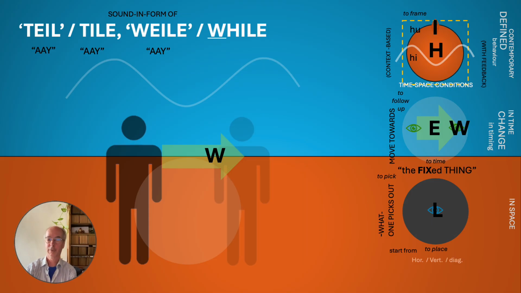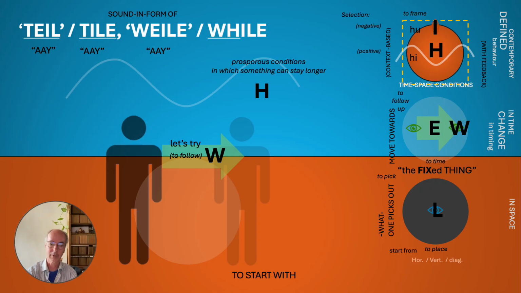Let's go now to the last example, which is while, in the English word, same thing. It starts with the W, which again is almost like, okay, let's focus upon what we will try to achieve, what we will try to see, what we need to do. Let's try to follow it up with a W, followed by H, which in this case you don't pronounce. We have to see what H is about.